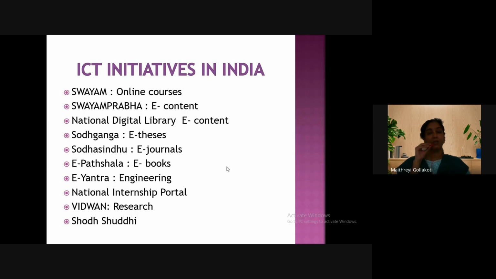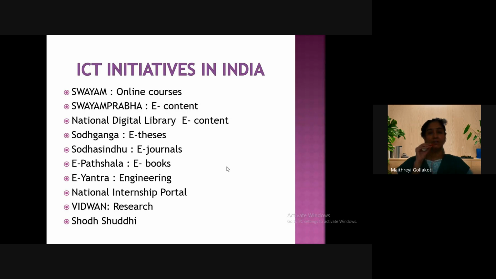Next is Shodh Ganga. People who go for research are definitely familiar with Shodh Ganga because it has all the theses in electronic form. Every thesis done by Indian scholars is given there. You can refer to it, take information, inspiration, and guidance from these e-theses.